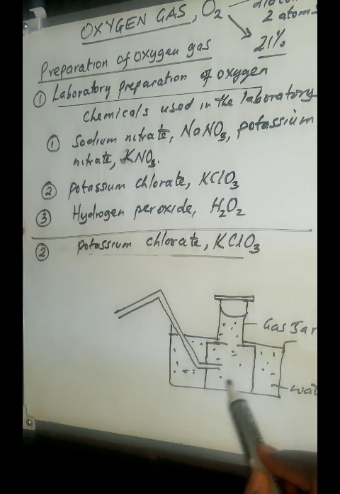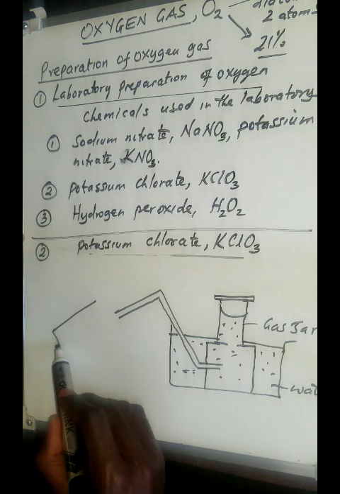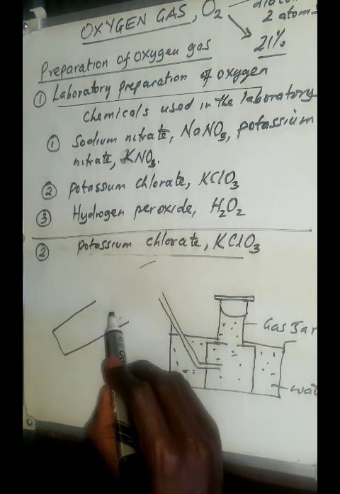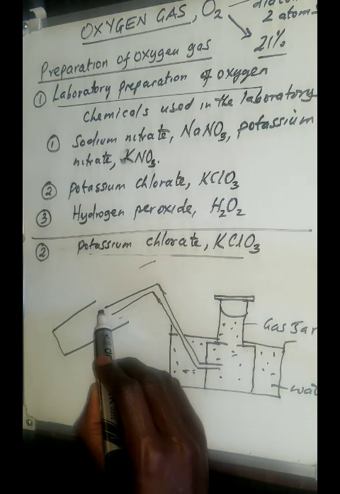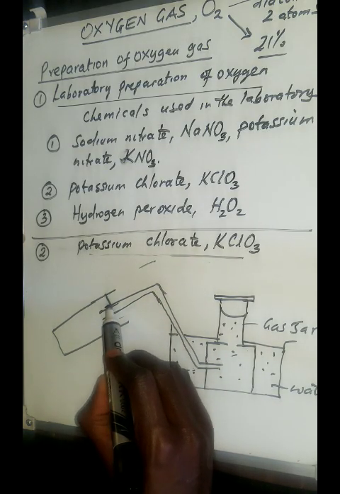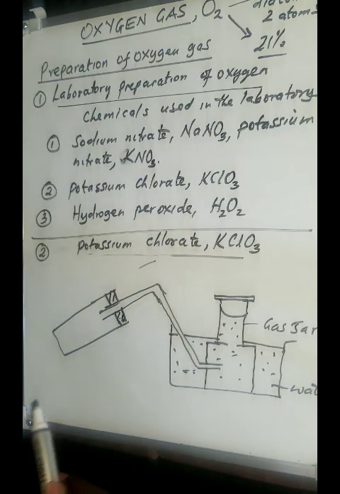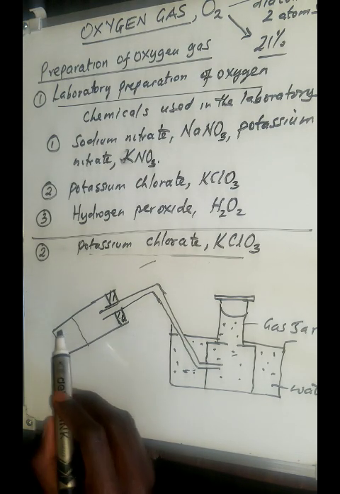So water can actually be in there. Then we can have our sort of test tube. Let me just try to extend it. So basically this is the arrangement that you are going to have there. So inside you can use your potassium chlorate, and you can use the manganese oxide.